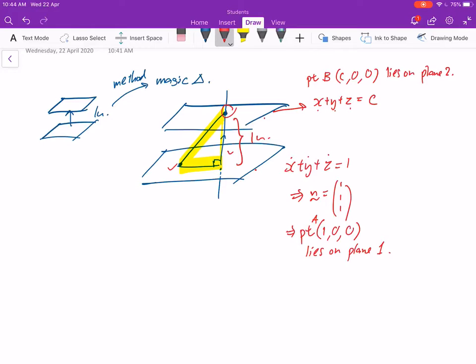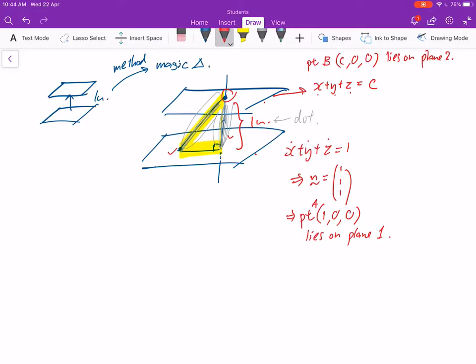So again, we look at our magic triangle and say, what are the two vectors that we know? I know this one, and I know this one. You're going to put your finger here, and you realize that this one is the dot product. Right? Then we're just going to merge them together.